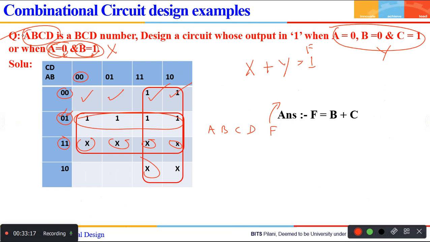This is very important: it is written that it is a BCD number. Now can you solve the remaining places? So you get one equation: F is equal to B plus C.